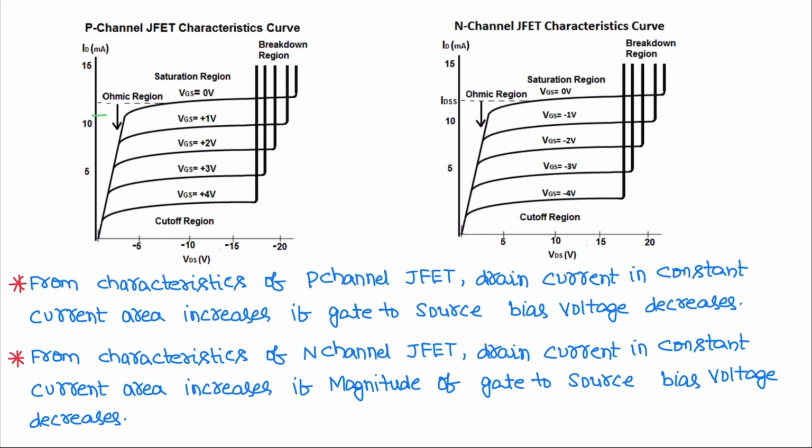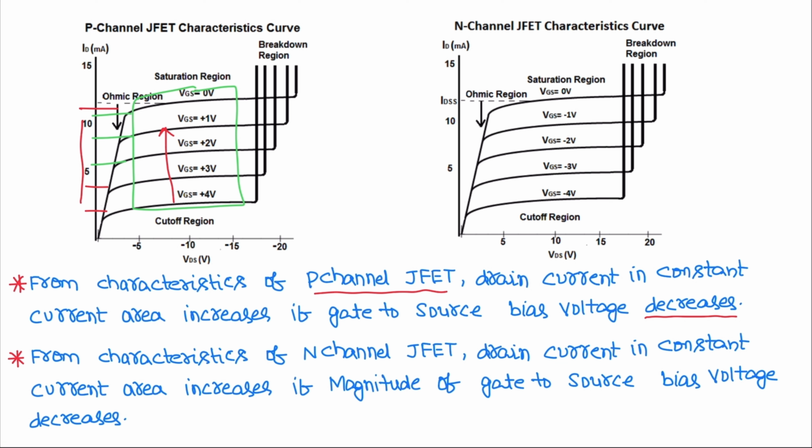Drain current in the constant current area increases if the gate source bias voltage decreases. If it is plus 4, this is the drain current. For plus 3 volts, this is the drain current. For 0, this is the drain current. If gate source voltage VGS decreases, then drain current is increasing.